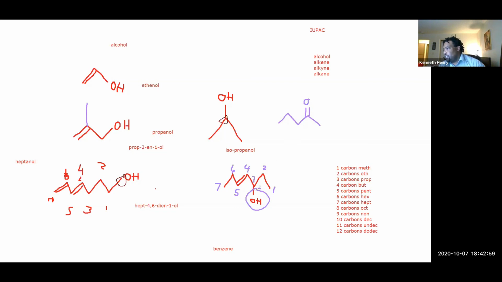Like there's a single bond carbon there. And remember, each of those dips represents carbons. Okay, so if I have this, how many carbons is that? 3? 1, 2, 3, 4. 4.